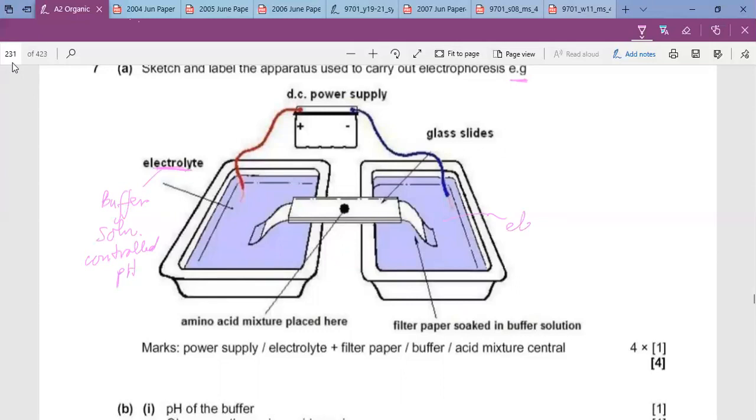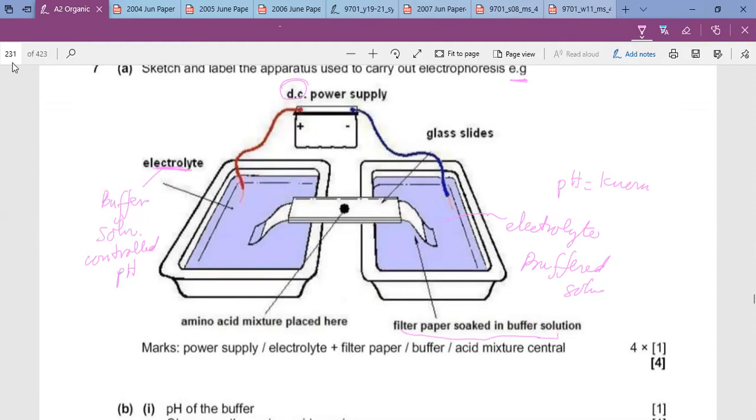Which is your buffered solution. Now you put 2 glass slides on top, like the one you see in a microscope, and you put the filter paper, soaked in the buffer solution, which is the electrolyte. Now this is the power supply. It is direct current, DC, not AC. So you put that here.